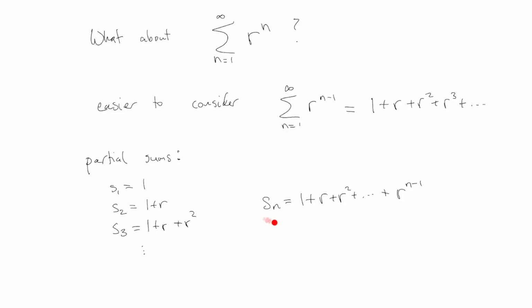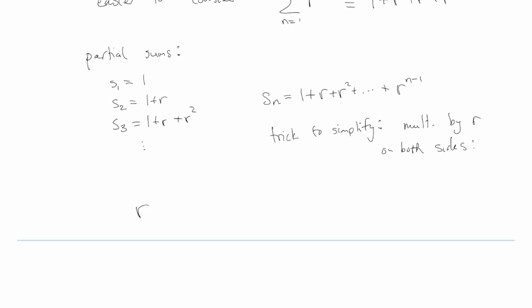Unfortunately, I don't really like the way this looks, but it can be simplified, and here's a trick for simplifying. This is a weird trick. You don't have to do this. We're just going to do it this once and then remember what the result is. So the trick to simplify is to multiply by r on both sides. It says r times Sn, and on the right side I'm going to multiply everything by r.